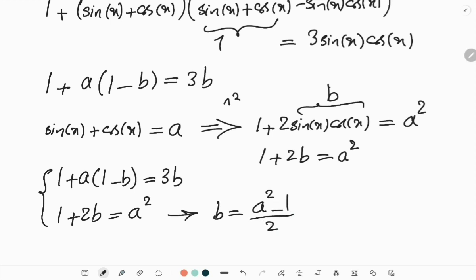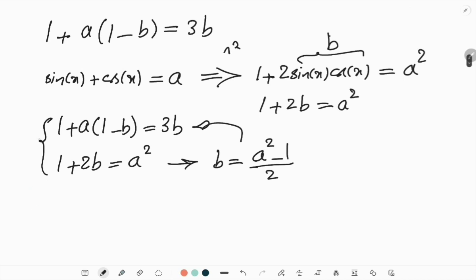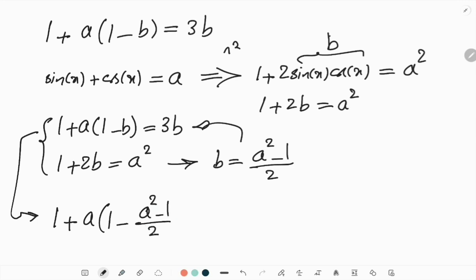I'm just going to replace b in the first equation, so I have (1 + a)(1 - (a² - 1)/2). This is equal to 3/2 times (a² - 1).